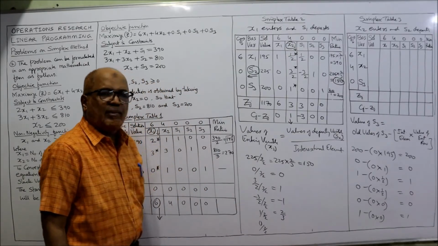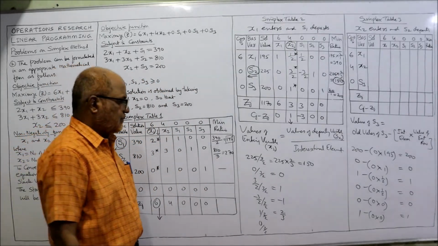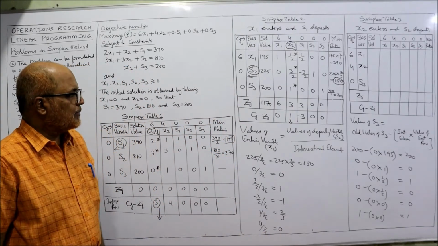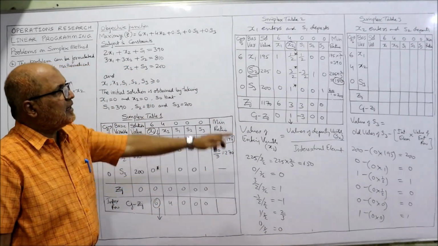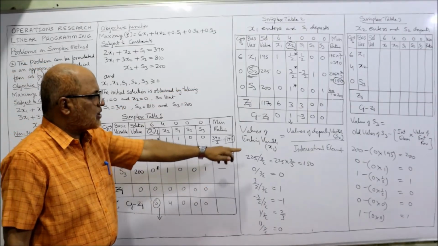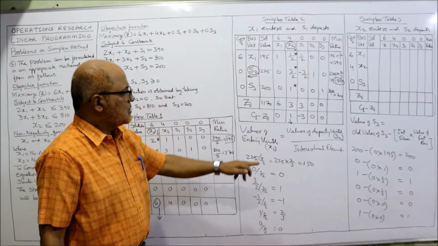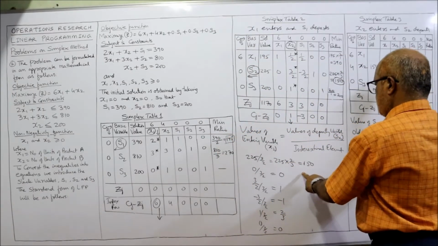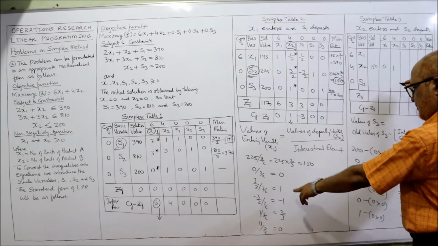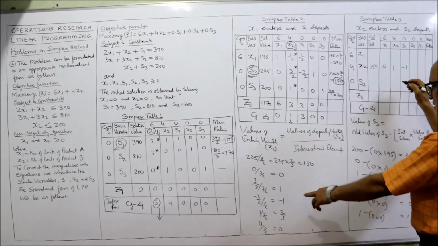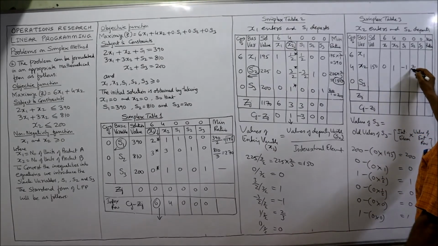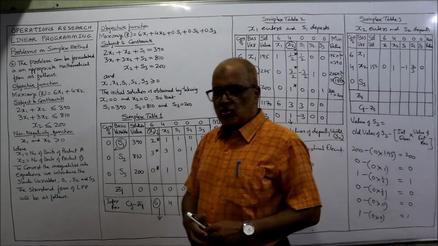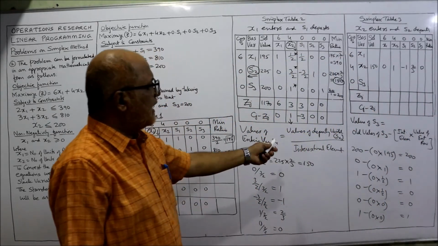Then 0 divided by 3 by 2 is 0. That's all. We got the values of the entering variable. Entering variable is what? X2. So we got X2 values as 150, 0, 1, minus 1, 2 by 3, and last one is 0.